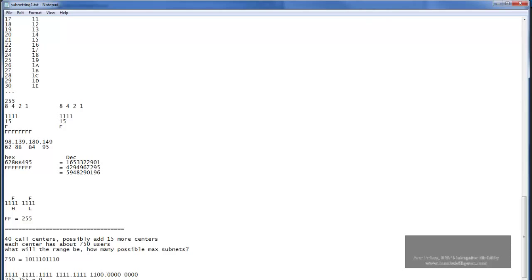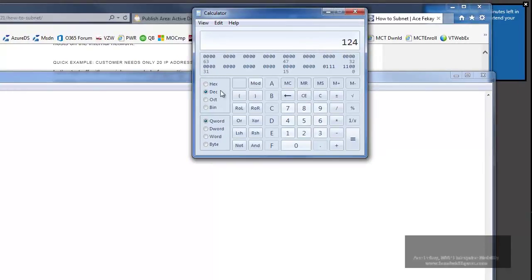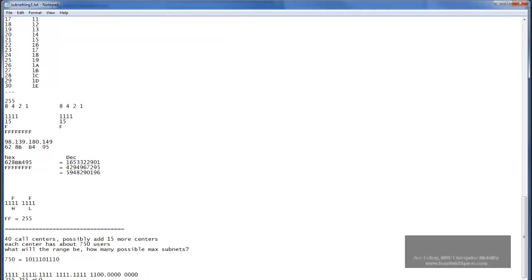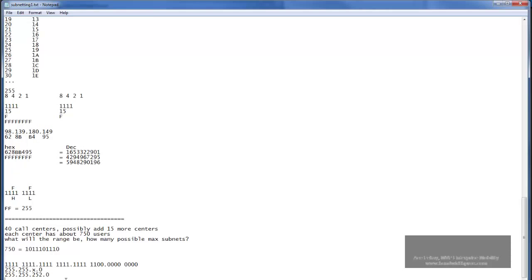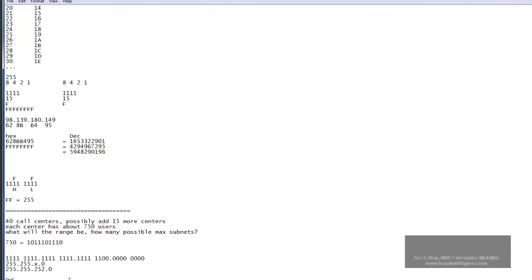Okay, let's try this again. Binary. 1, 2, 3, 4, 5, 6, and 0, 0, 7, 8. Right? Let's go to decimal: 252. That's more like it. So the X here is actually equal to 255.255.252.0. You're like, wow. What's the delta here, ladies and gentlemen?